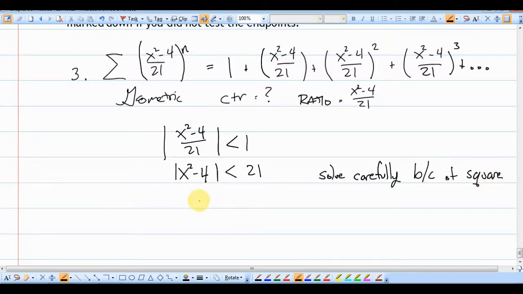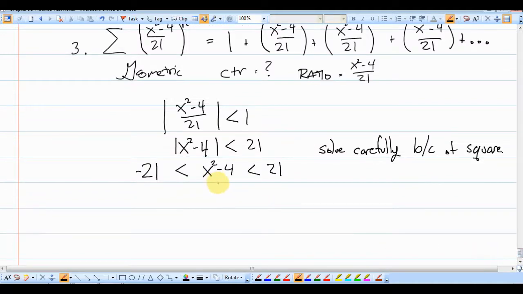What I mean by that is, just like you did for the natural log, do the exact same thing. Okay? Add 4 to both sides.